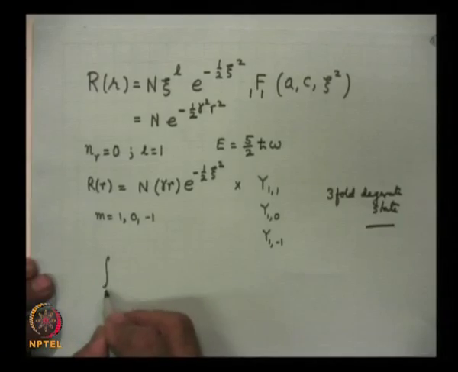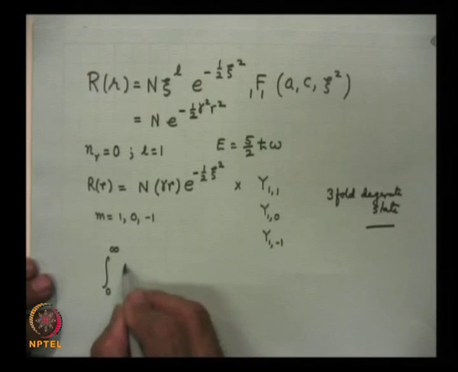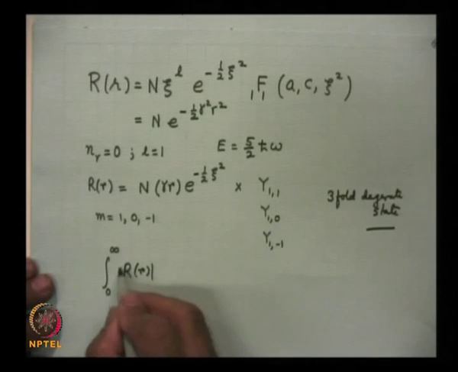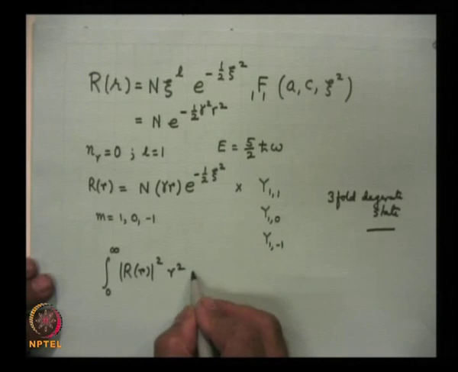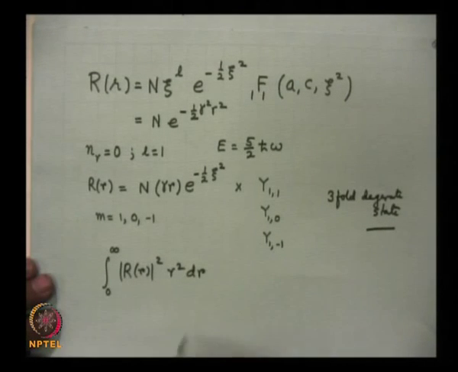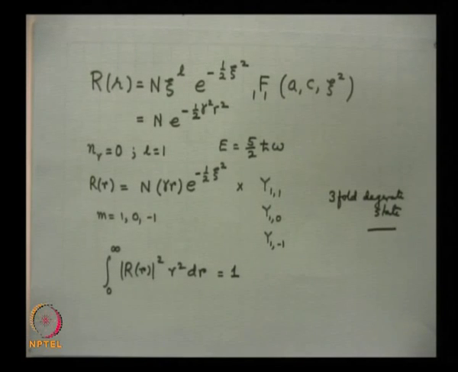You give me any value of nr and any value of L, I can immediately write down the wave function within a normalization factor, and that can be easily calculated by using the normalization condition that the integral from r equal to 0 to infinity of r mod square r square dr must be equal to 1.